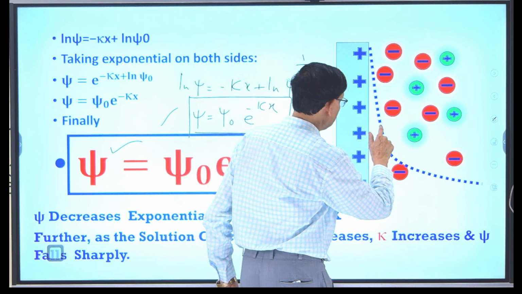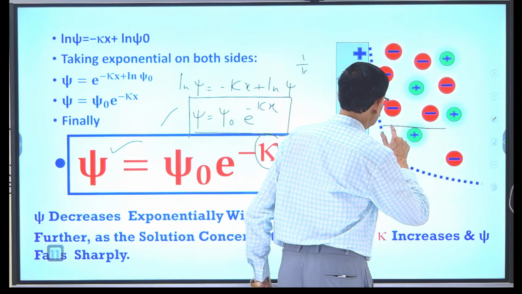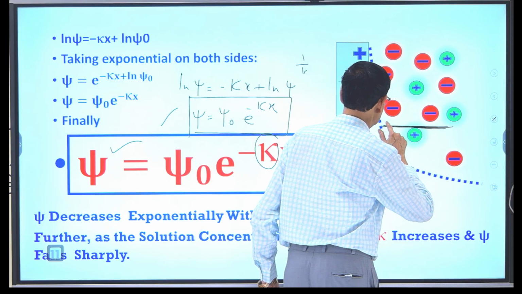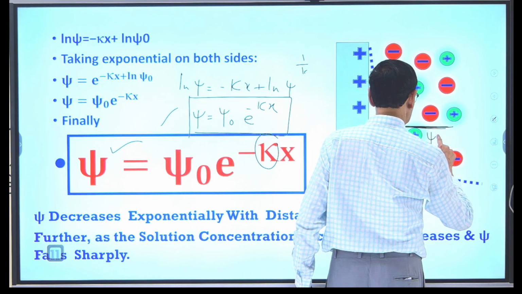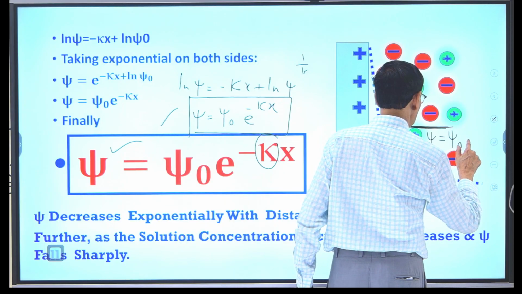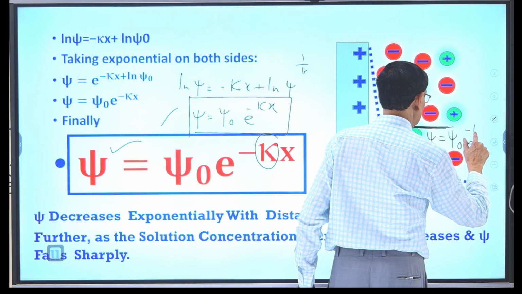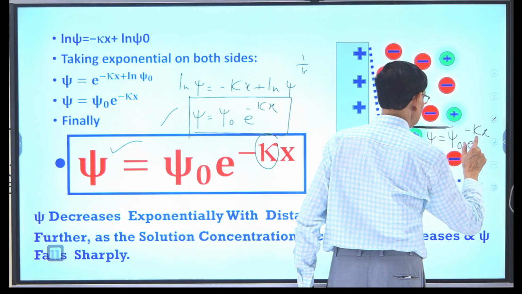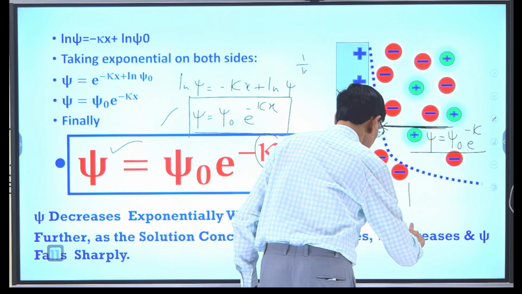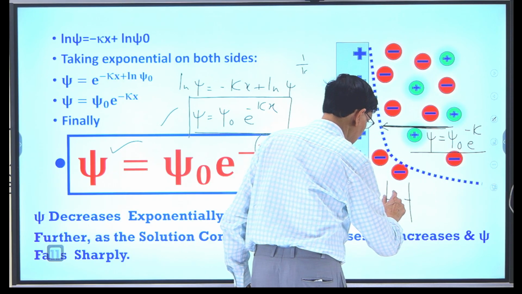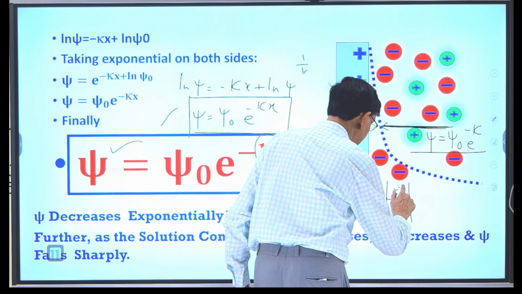So therefore this part actually again and again I am saying these changes can be calculated like that. Psi is equal to psi 0 exponential kappa x. Very important point. And this distance between these two is kappa inverse 1.